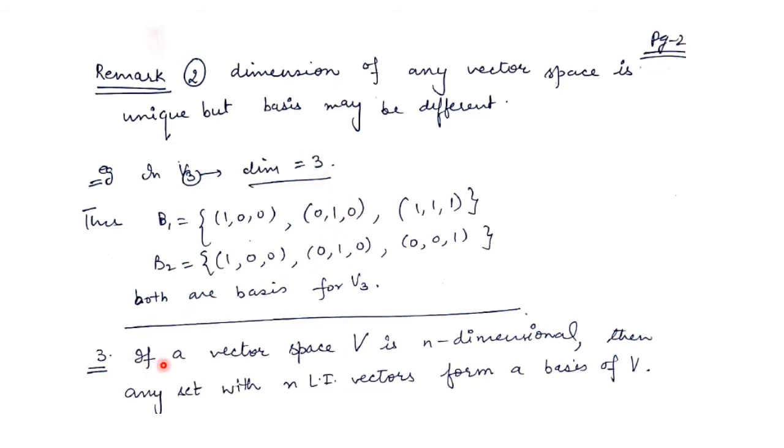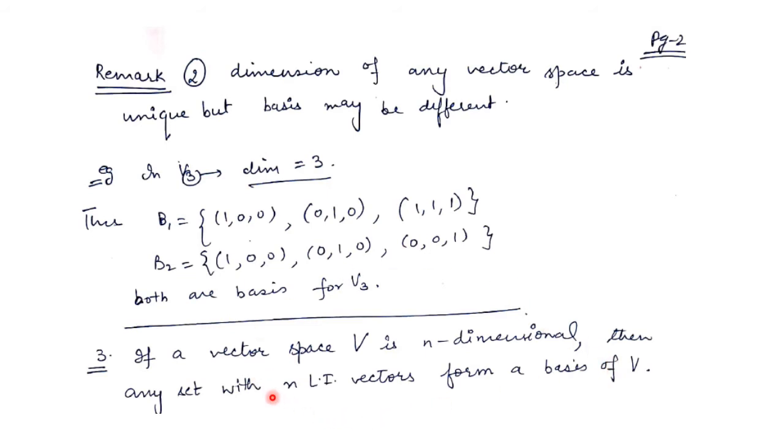Now the third point: if a vector space V is n-dimensional, then any set with n LI vectors forms a basis of V. This is a very important point. We use this point to find the basis for any vector space. Whenever we have a vector space and we know its dimension, we need to find any set with that number of linearly independent vectors, and that always forms a basis.